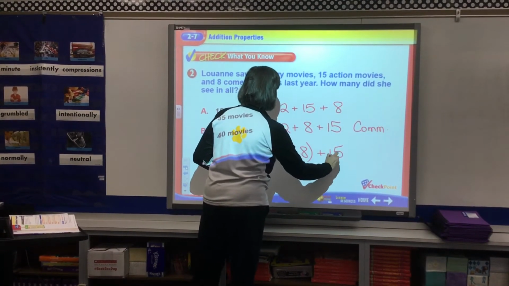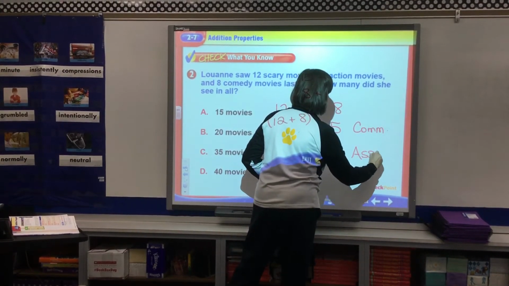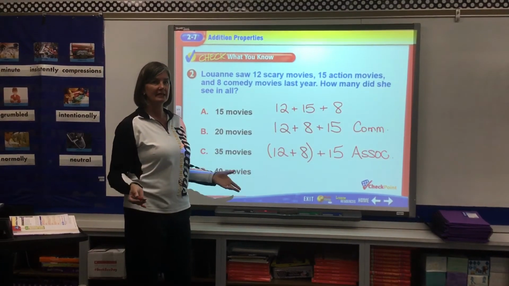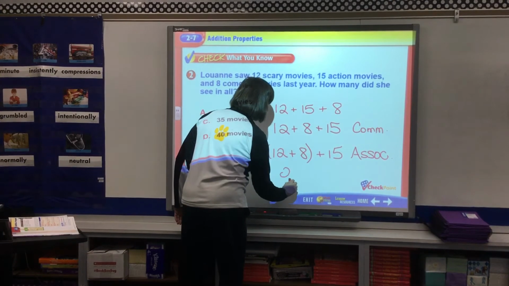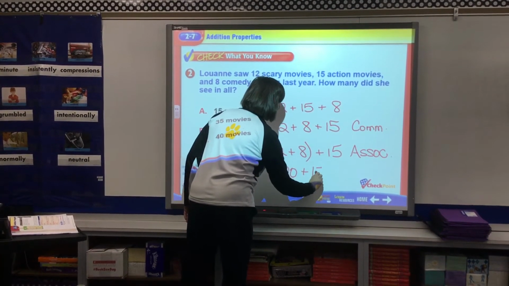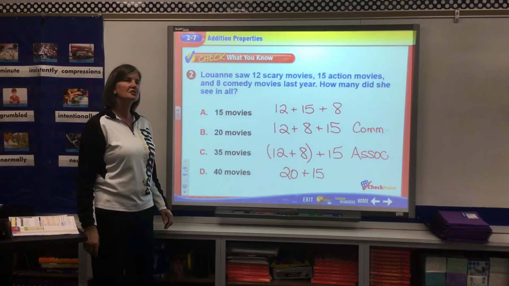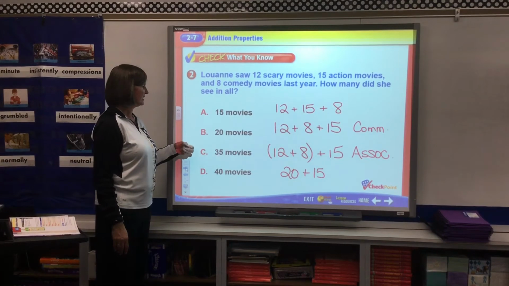That is the associative property. Now this is going to allow me to mentally add these numbers together. 12 plus 8 is 20, and then our final answer would be 20 plus 15, and 20 plus 15 is 35. So she saw 35 movies in all.